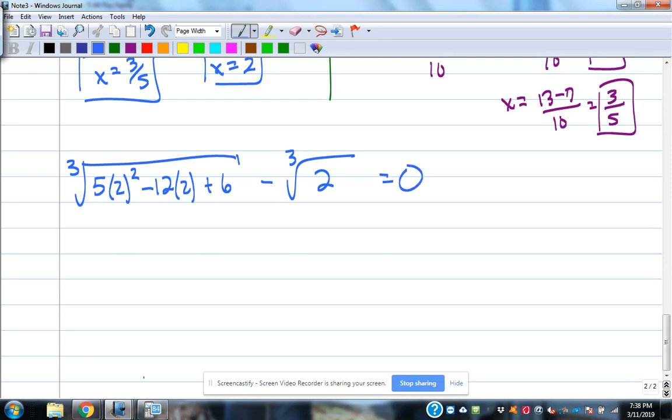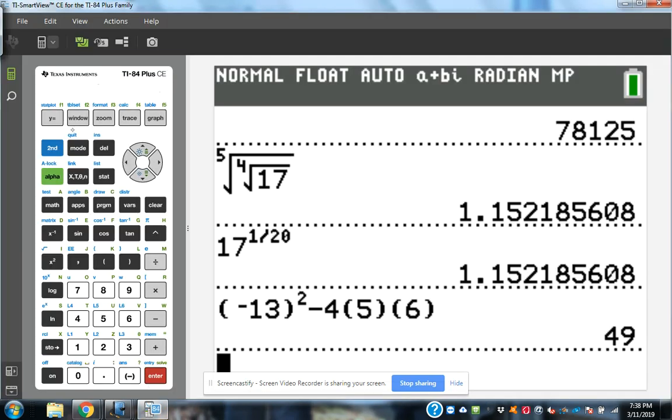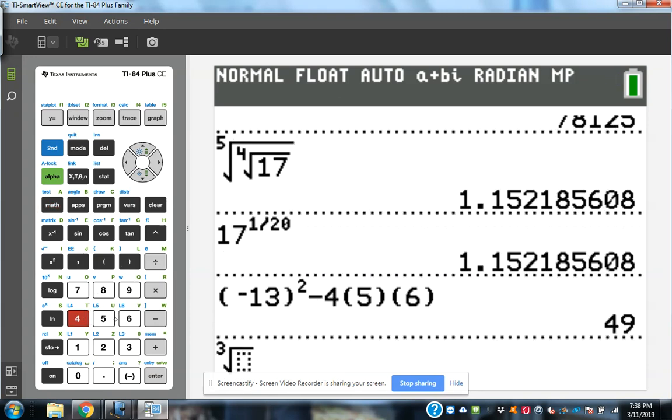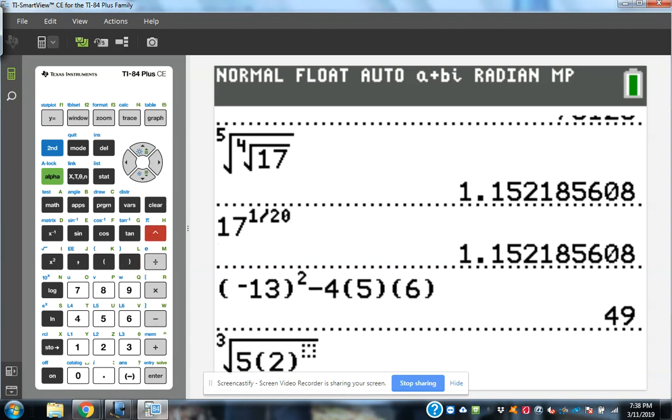This is what I'm going to do. I'm going to go to the calculator. I'm going to type that junk in because that's nasty to work out. So math, cube root, 5 parentheses 2, close parentheses, squared, minus 12 parentheses 2, plus 6.